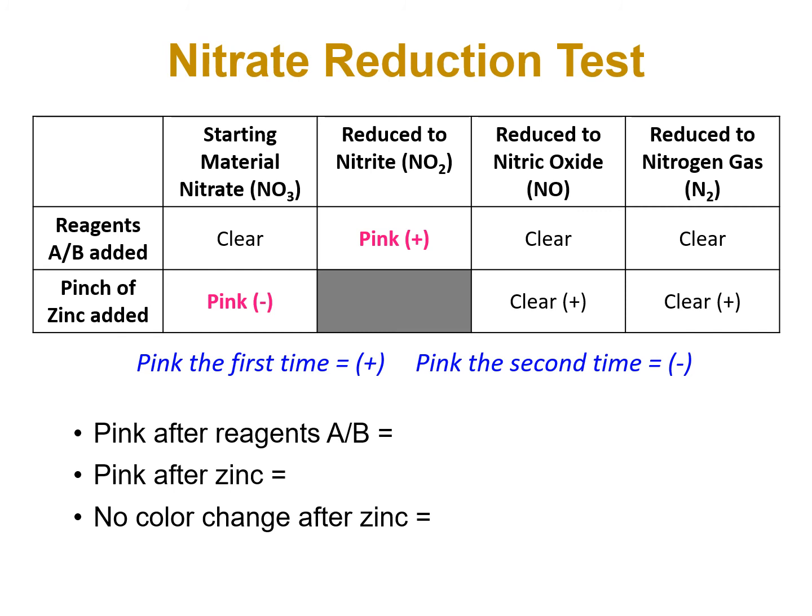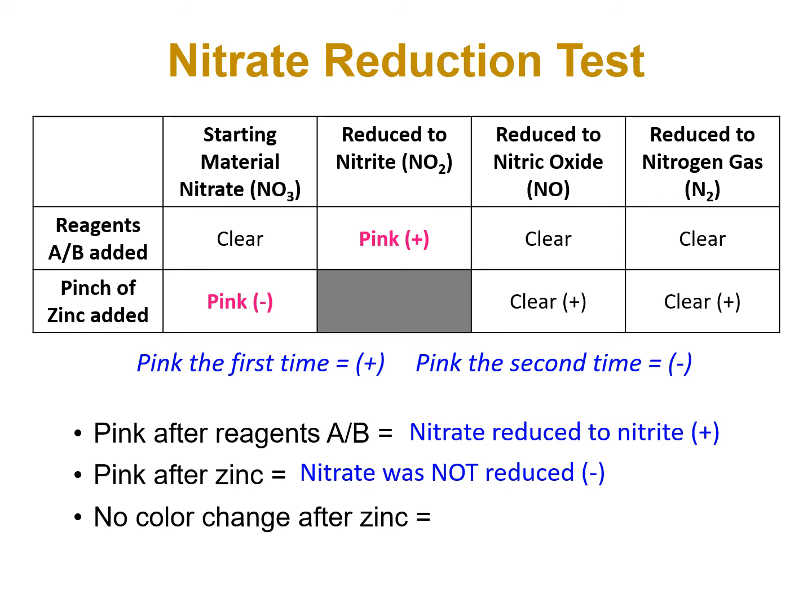And so one more time, after adding the two reagents, if it turns pink, then nitrate did get reduced to nitrite. If you've added zinc and you do get a pink color after adding the zinc, that means it's a negative result, and that would mean that your bacteria is not capable of reducing nitrate.